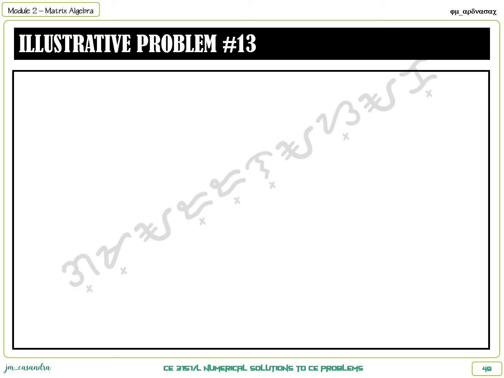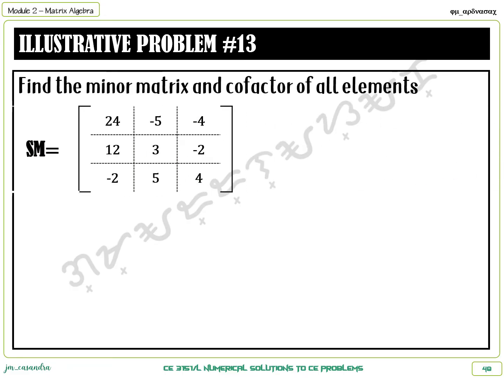So if you want to write the equivalent matrix of our minor matrix or your submatrix, you will just simply apply the formula: for the matrix with entries B, C, E, F, H, I, that's E times I minus H times F. So you will not include the -1 raised to i plus j for the minor matrix or submatrix.